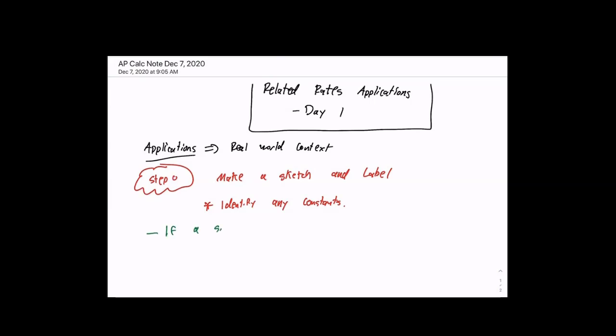If a side length is changing, label the diagram with the variable and not the value at the instant.